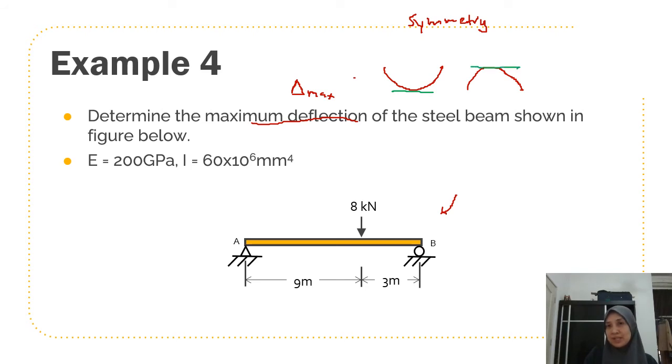Then you get the maximum. What is slope? Slope is dy over dx. So you just check where the slope equals 0 along your beam length, and this is where the deflection will be maximum. They are basically just equations that relate.